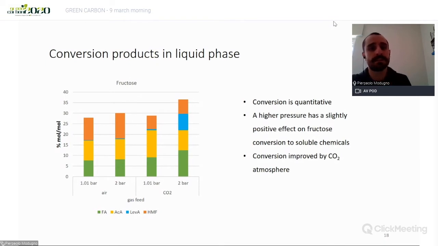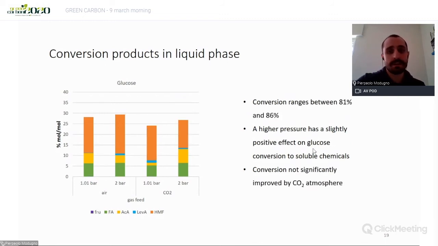So in this first graph, we see the conversion products of fructose in this condition. First of all, the conversion of fructose is quantitative, and we can say that a higher pressure has a slightly positive effect on fructose conversion, and conversion is improved by the carbon dioxide atmosphere.